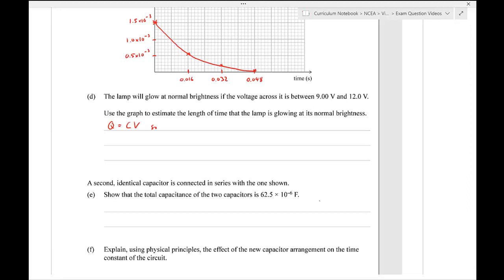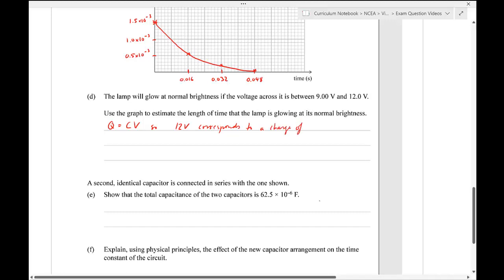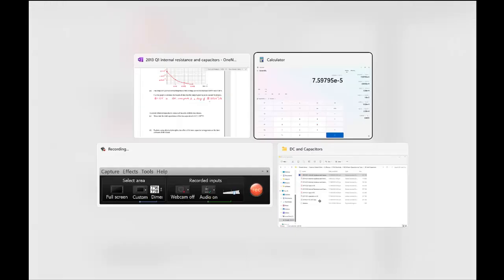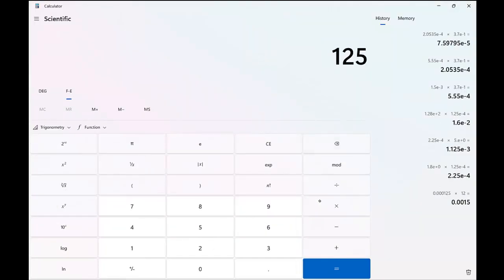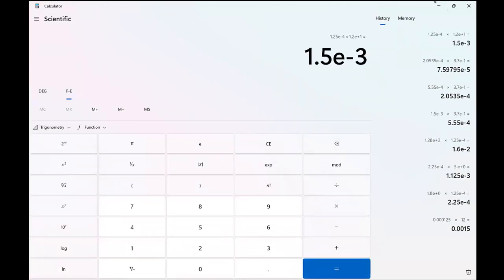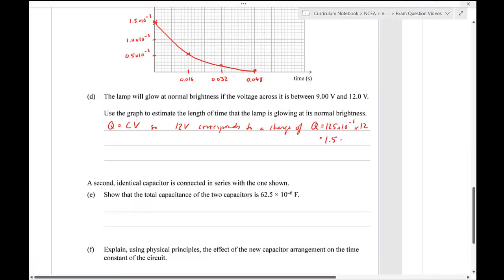12 volts corresponds to a charge of Q equal to 125 times 10 to the minus 6 times 12. We've already worked this out, haven't we? So it's 1.5 times 10 to the minus 3. That's the start. Okay, so it starts off at 12.